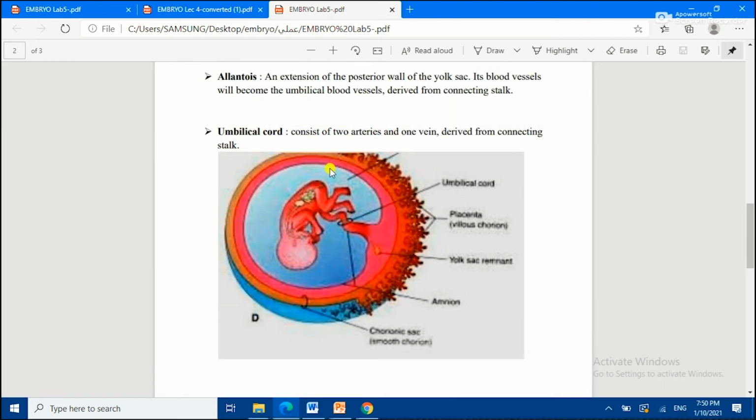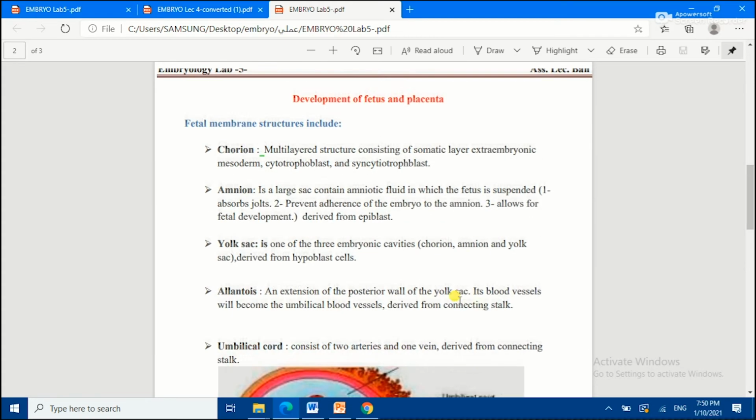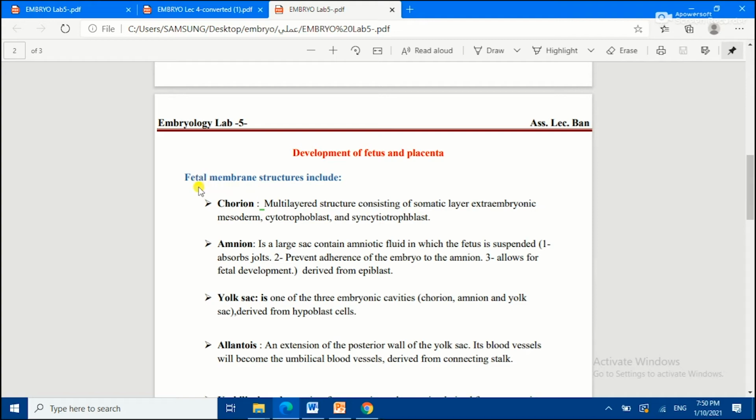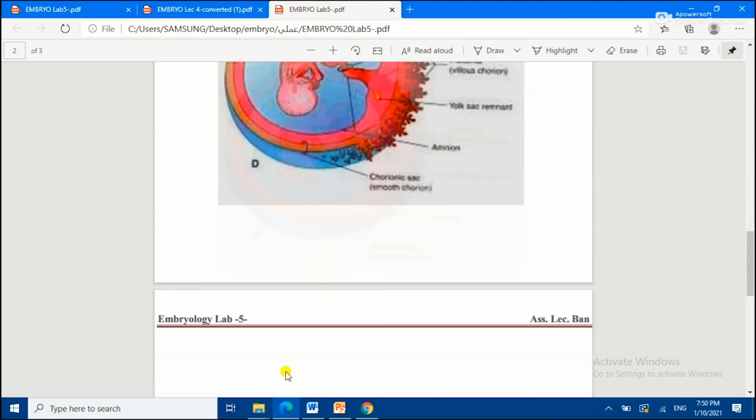This is the umbilical cord. So the amnion, the amniotic sac and its function, and you have the umbilical cord, chorionic sac, and yolk sac. These are all the structures included in the fetal membrane.